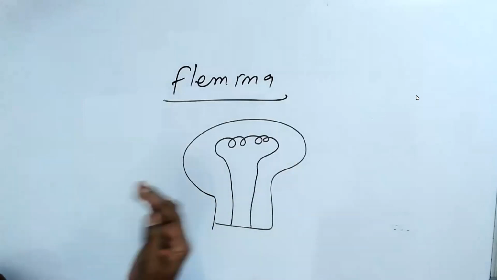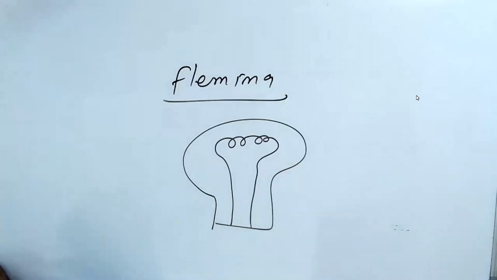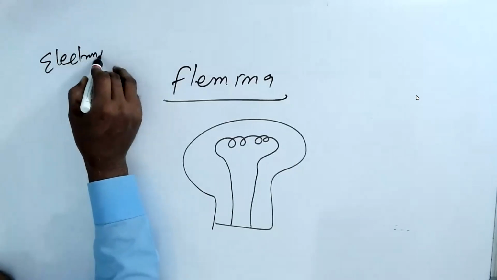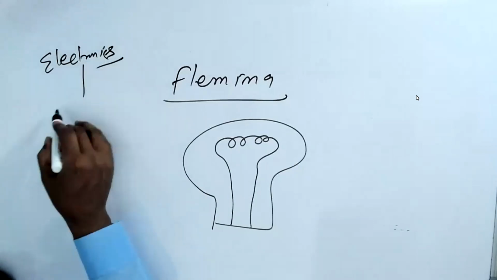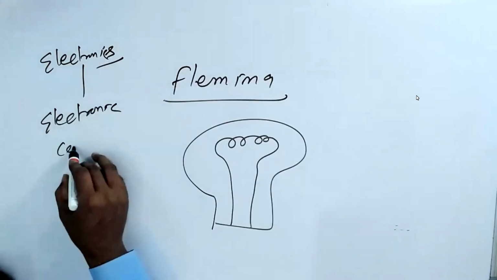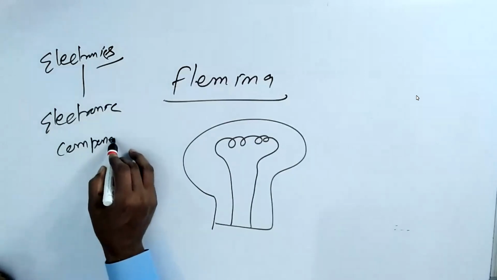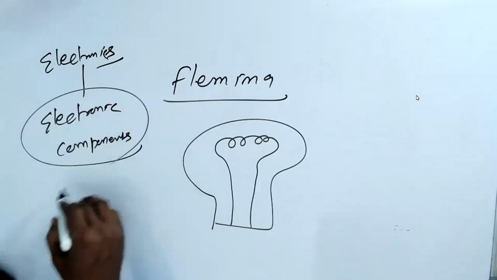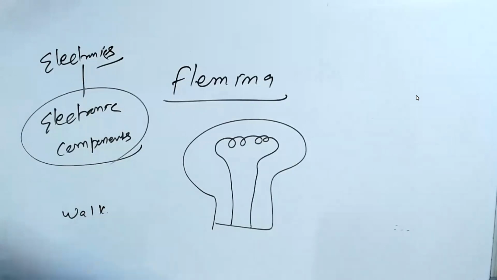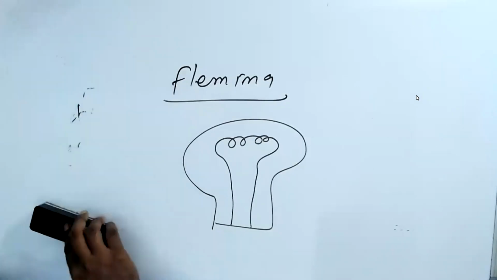I'm telling you how electronics came. Engineers found that if you want to achieve electronics, they need electronic components. People in the initial days were walking, and only then did they find the cycle and everything when the wheel was invented.